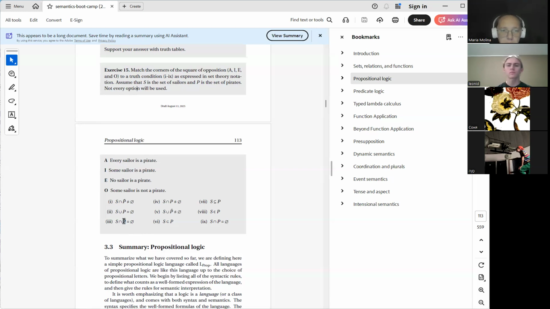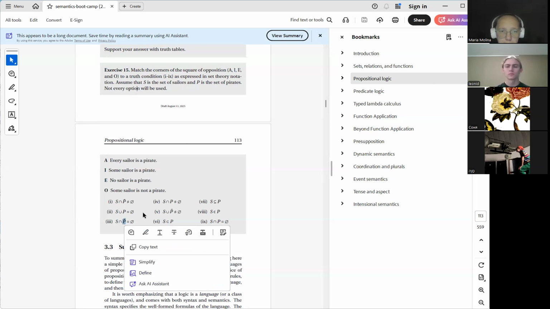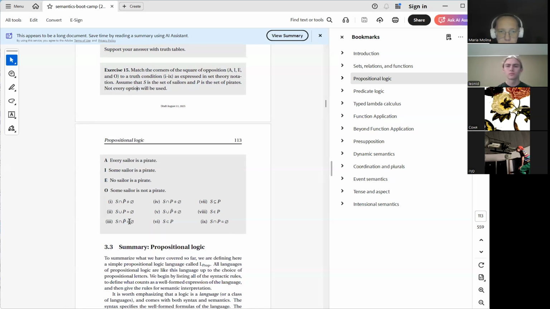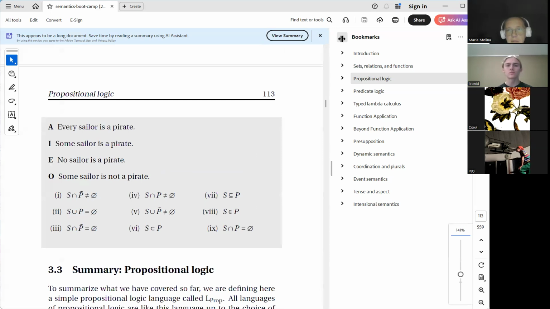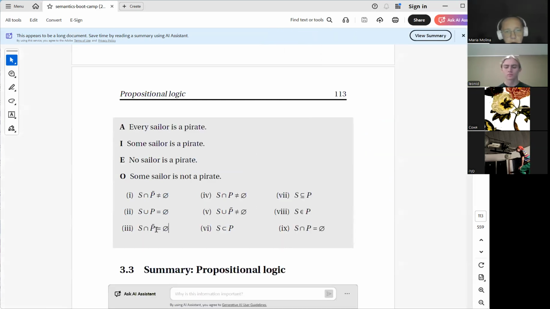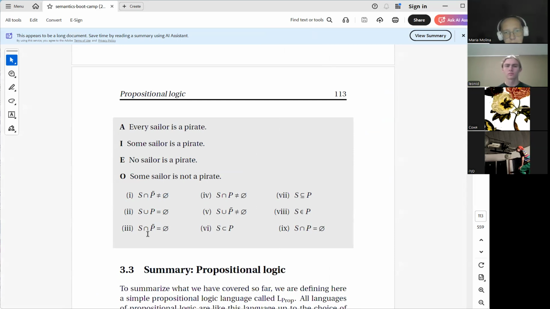This one is a set of non-pirates. The intersection of sailors and non-pirates is empty.